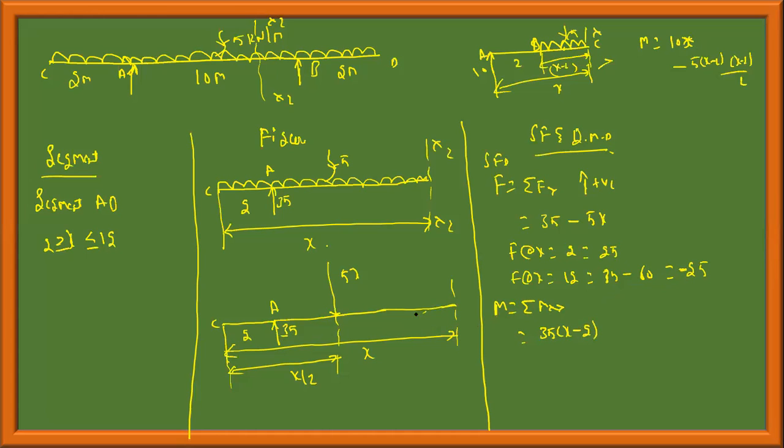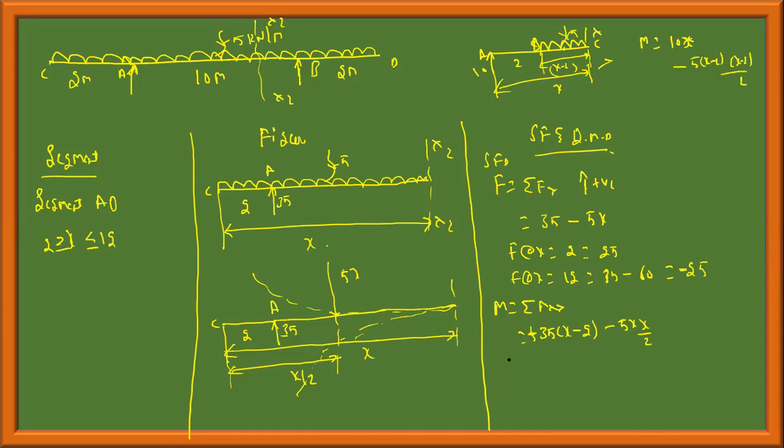This is bending the beam like this, so this has to be minus 35 into x minus 2, this is negative. And the UDL, this is bending in the upward direction like this, which is positive; this UDL is bending in the downward direction like this, so it has to be negative, minus 5 into x is the magnitude, into half of the distance, x by 2.